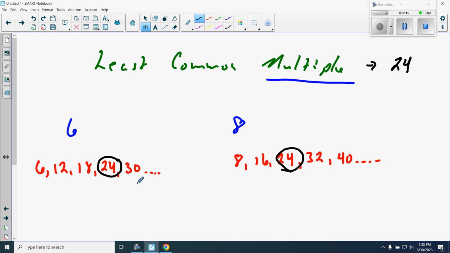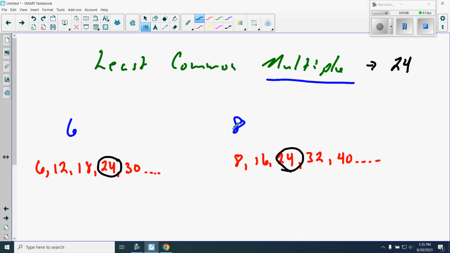Now, 24 is not the only common multiple between them. If worse comes to worse, 6 times 8 is a multiple. That's 8 groups of 6 or 6 groups of 8. They are multiples of each other. But that number is 48, which is a common multiple. It's just not a least common multiple.